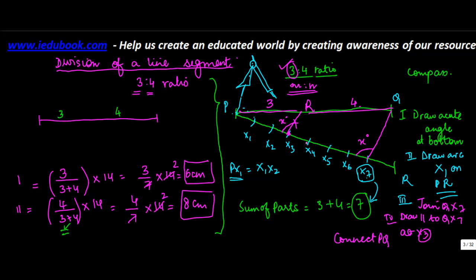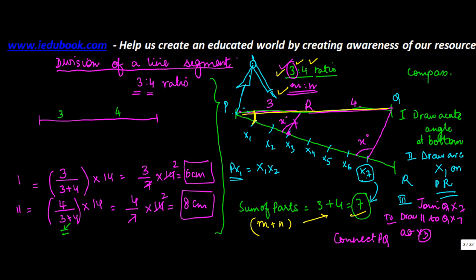Okay? So if you were to just revisit the entire procedure, we draw a straight line PR which is given. We have to divide it in the ratio of m:n, which is 3:4. So we do a sum of parts, basically m plus n, 3 plus 4 is equal to 7. Then we draw an acute angle on the bottom side.